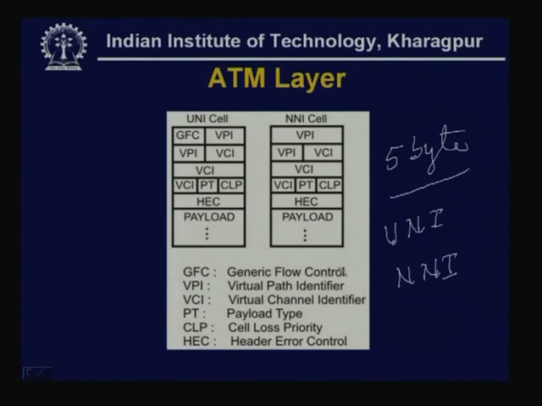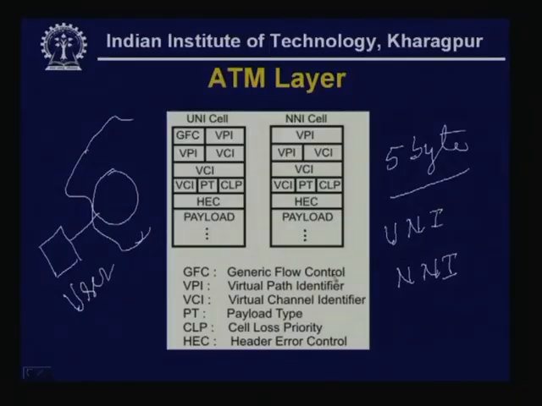This generic flow control was assumed to be used between the user and the network, between the user and the ATM network switch, and that is why 4 bits were left aside by the designer of ATM. However, this is not commonly used. So, we may consider this GFC as a flaw in the design.